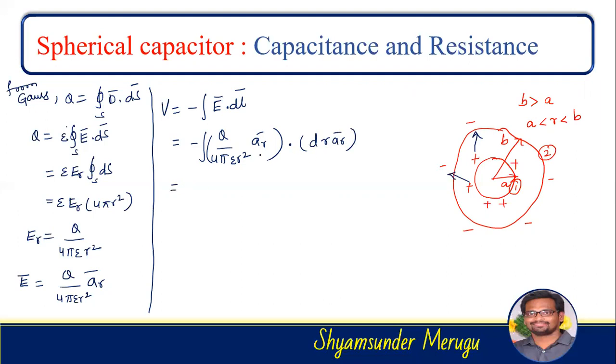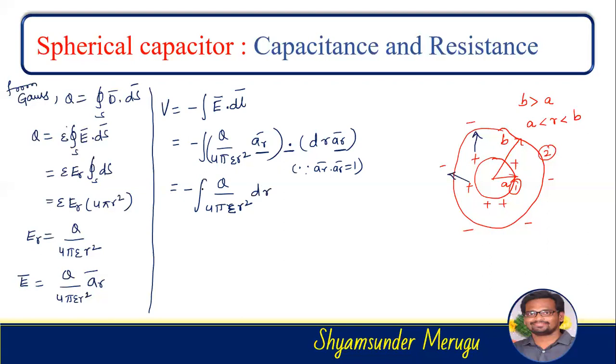As we know that the dot product between similar unit vectors will always be 1, so here a_R bar dot a_R bar will always be 1. So minus of integral Q by 4 pi epsilon r square, then we are left with dr.